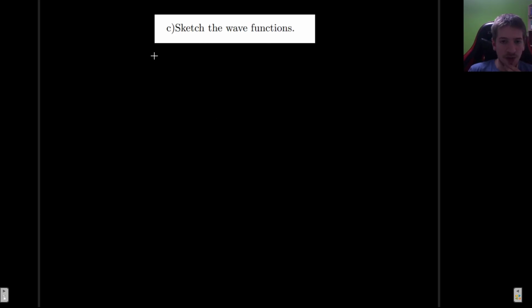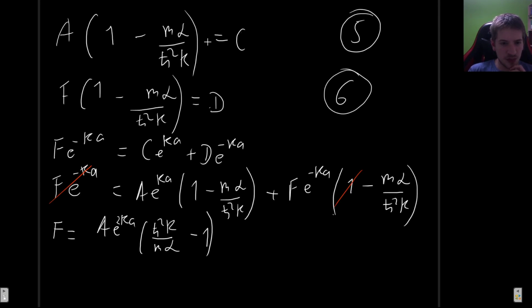Okay, so finally, we now want to sketch the wave functions. In order to do that, remember we have two cases. Case 1, a equals f, and case 2, a equals minus f. So we know the relationship between a and f. We don't really know much about c and d.